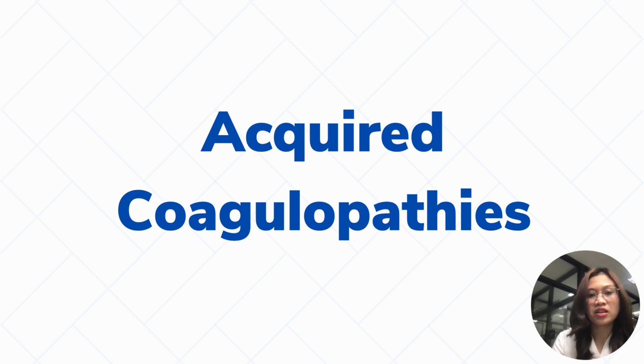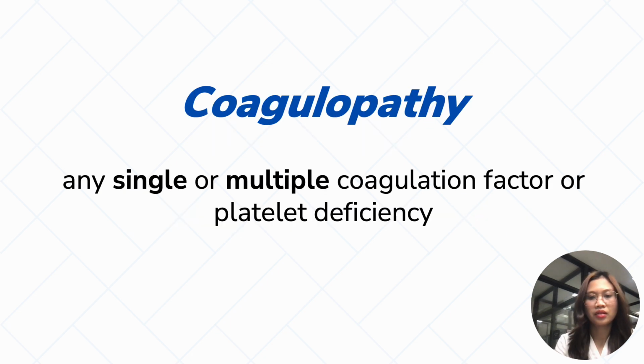Acquired coagulopathies may result from trauma, drug exposure, liver and kidney disorders, and nutritional deficiency, among others. To start, coagulopathy is a term characterized by a single or multiple coagulation factor deficiency. There could be several causes of coagulopathy, and knowing each cause is important to properly address the signs and symptoms that the patient might have.